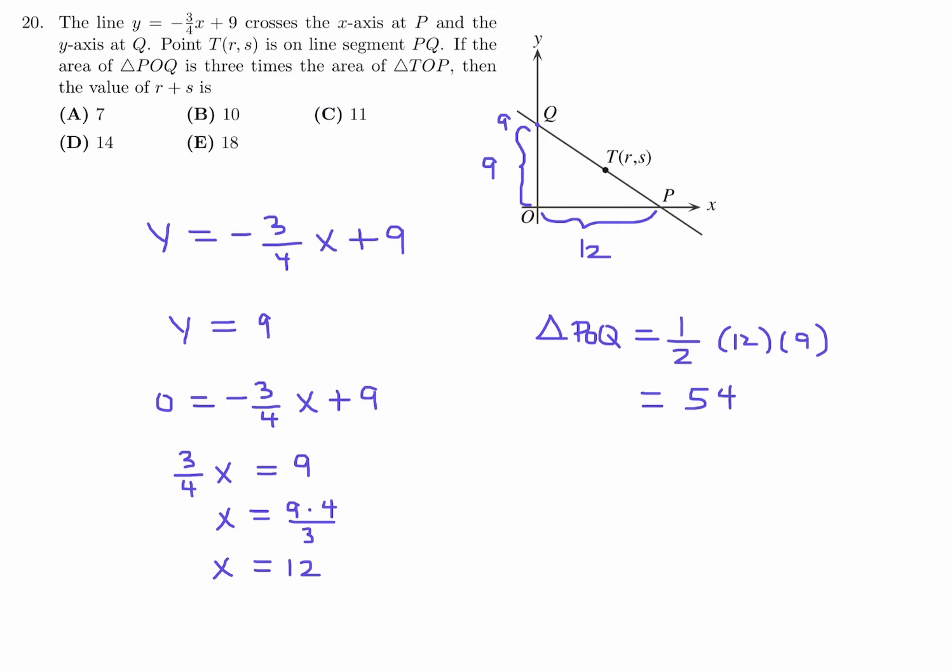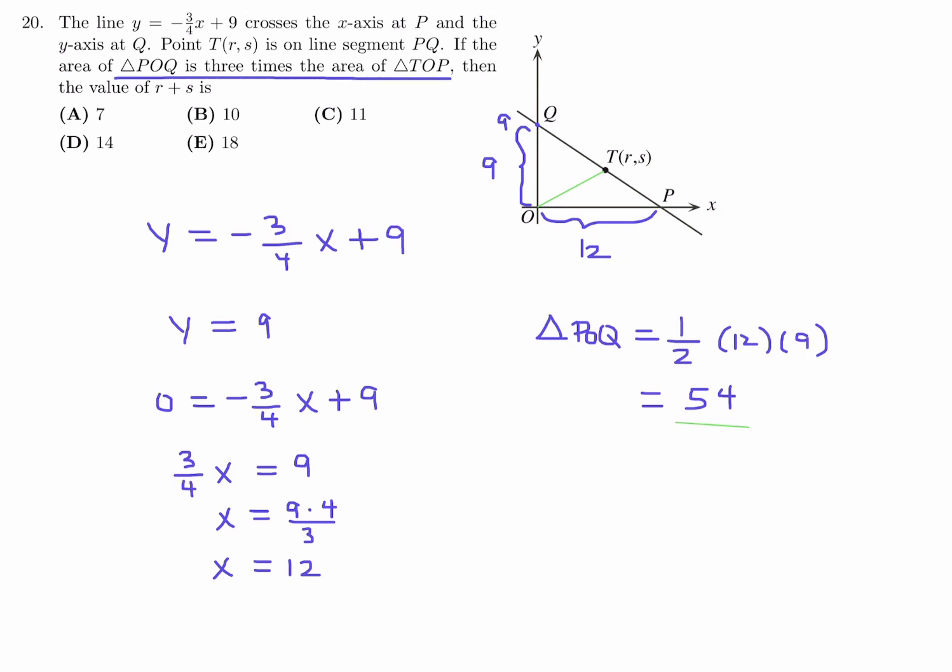All right. So they tell me that if I were to find the area of TOP, so I'll just make that triangle there. This is TOP. That is going to be related to the area that I just figured out in the following way, that POQ is 3 times the area of TOP.